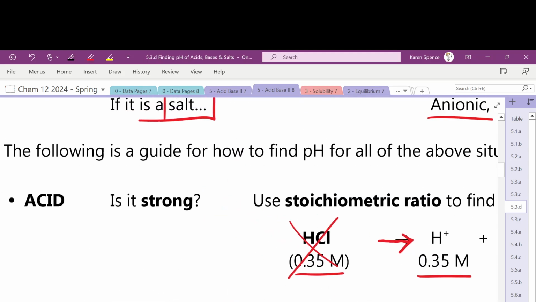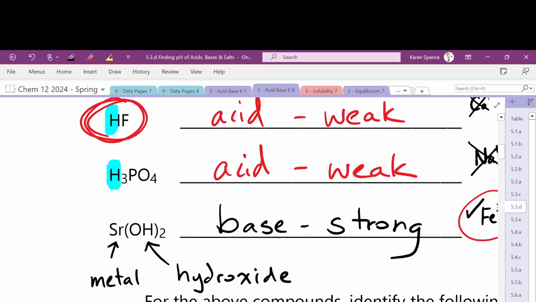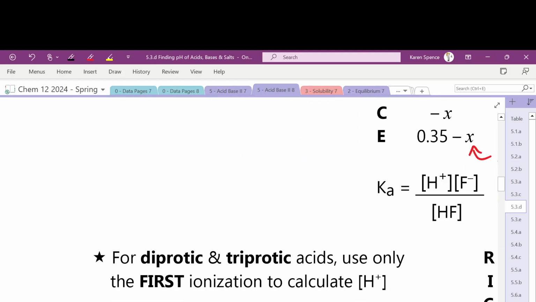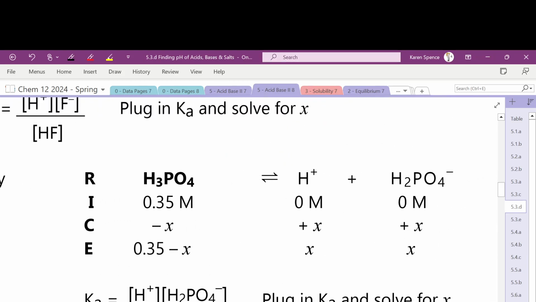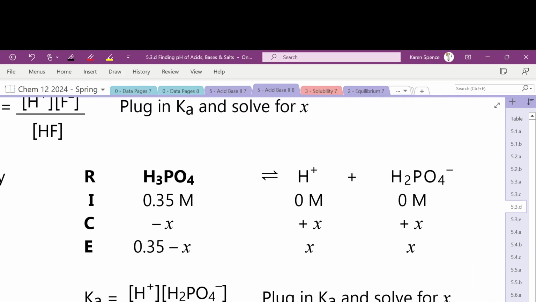And that also goes for a weak acid that is either triprotic or diprotic. How many hydrogens do we take off if we have a diprotic or a triprotic acid? Just one, okay? So it would look exactly the same as the situation before.